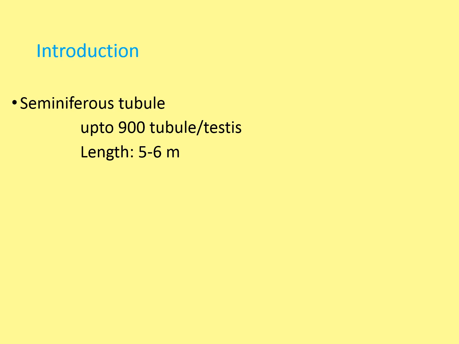As the seminiferous tubules within one testis are many, about 400 spermatozoa are continually being generated at many sites of the testis at any given point of time.